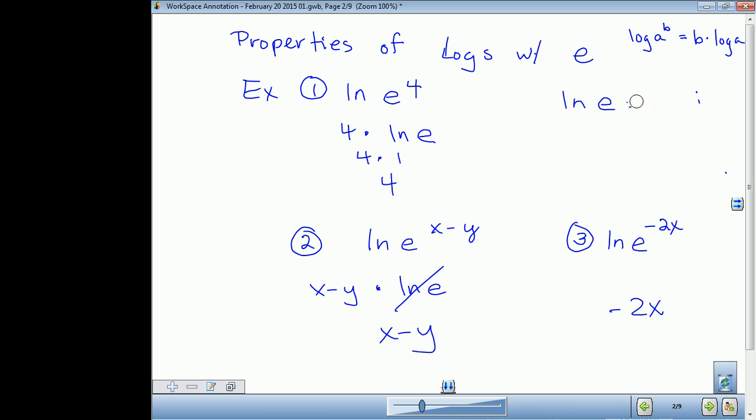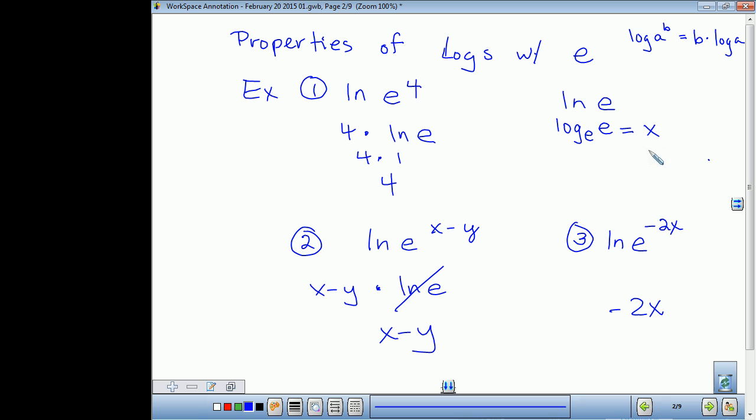Now, the part that's struggling is right here: the fact that the natural log of e is actually 1. Well, natural log just means log base e. And so if we set that equal to an exponent and we switch forms, e to the x equals e. Well, this is an understood 1.